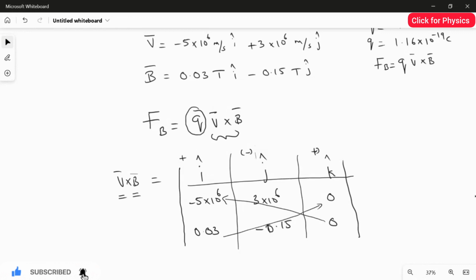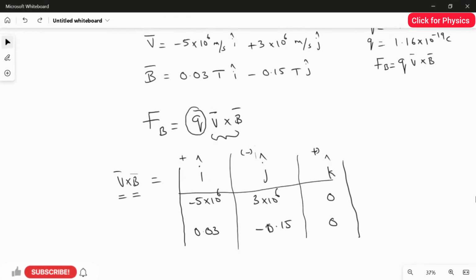So you have to do it like that. And likewise, for the third multiplication, you should not consider the first line as well as the last line. So you have to multiply minus 0.15 with minus 5 × 10^6, and then subtract this multiplication. So in this way you have to multiply very carefully. Clear, brother? Okay. So let's start with the first.